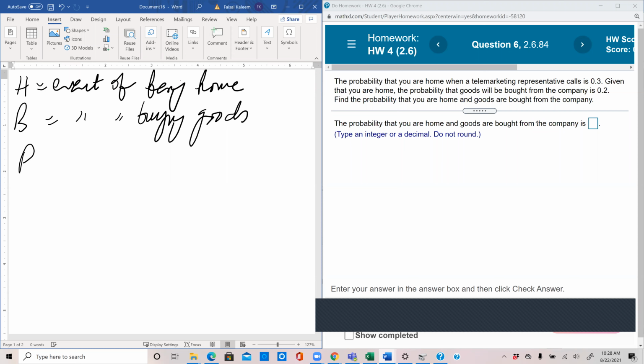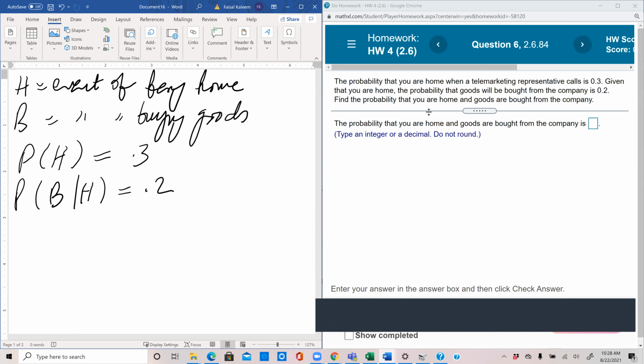The probability of being home is 0.3. And given that you are home, the probability that goods will be bought is 0.2. So probability of buying given home is 0.2.